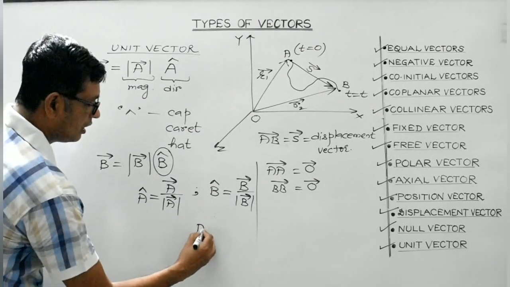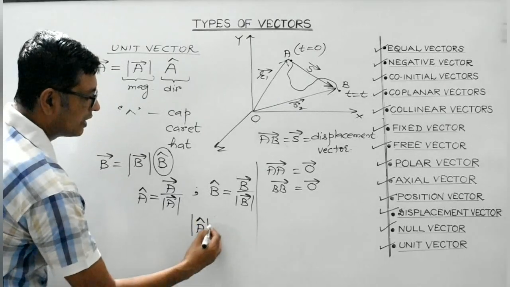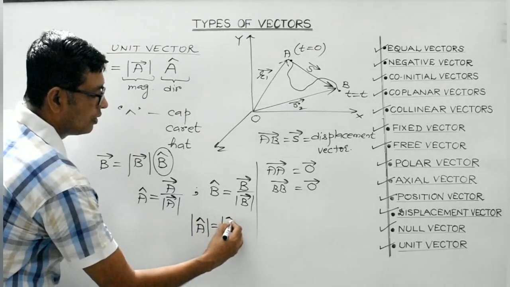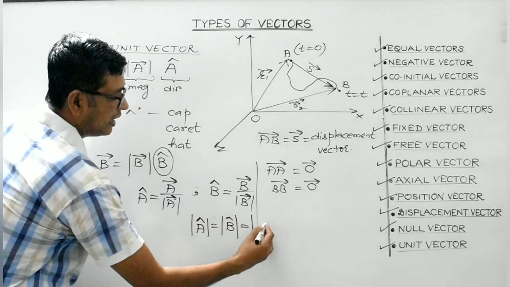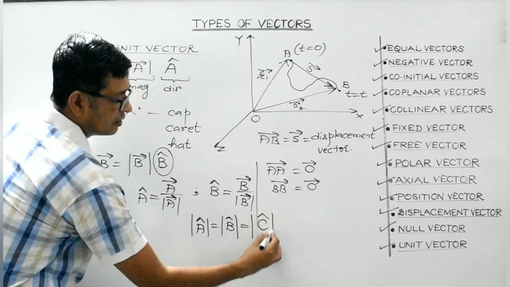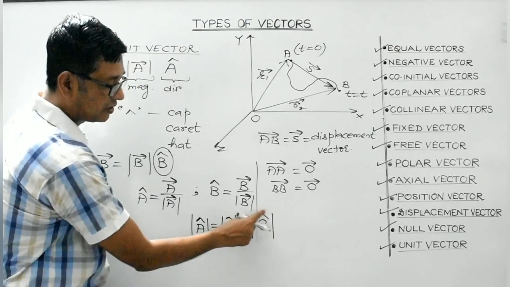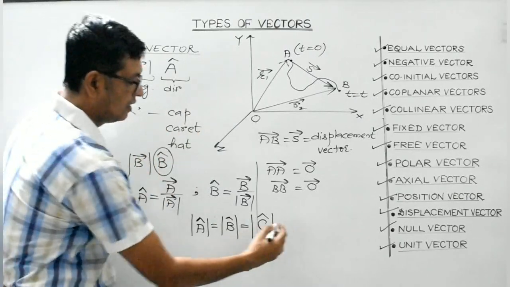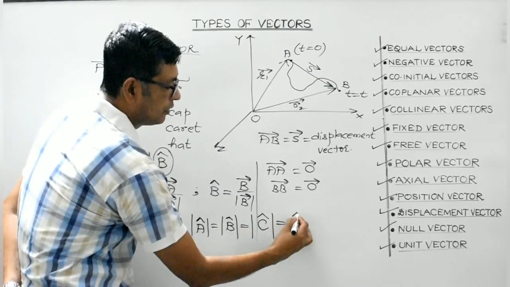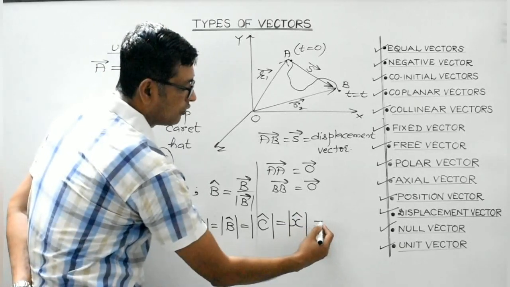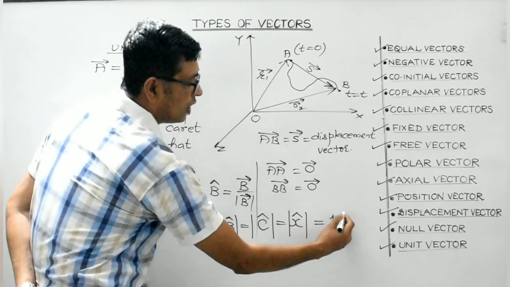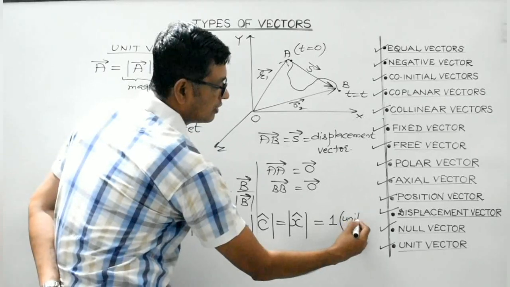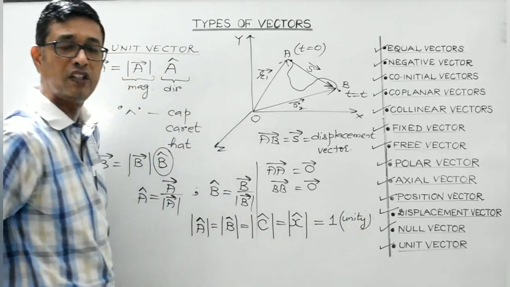So a cap, b cap, or for that matter any other unit vector, has to be represented symbolically by a cap, caret or hat, like x cap. The magnitude of any unit vector is always equal to 1. That is unity. Clear, students?